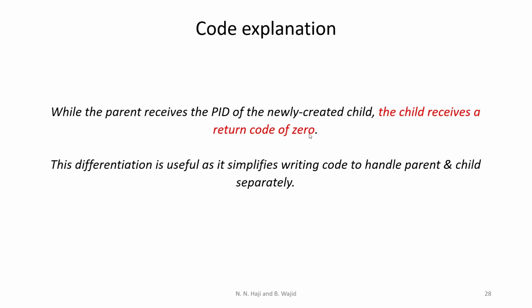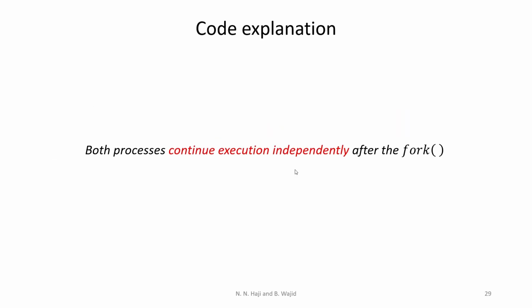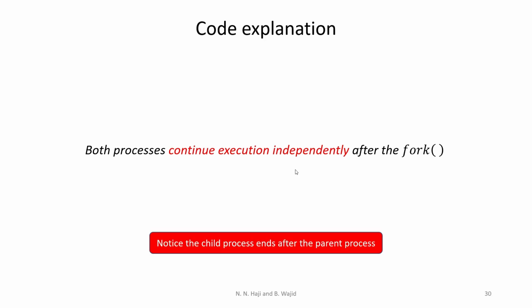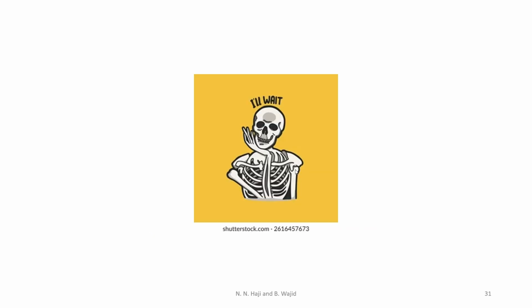The execution of the child actually started after the fork. And this differentiation is useful because that is how you simplify the code writing to handle the parent and child separately. Both processes continue execution independent of the fork, and the child process ends after the parent process.